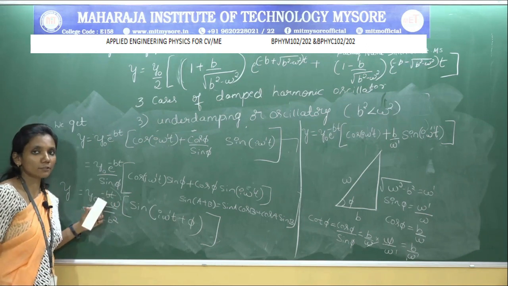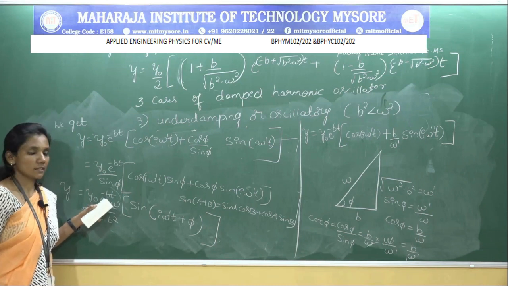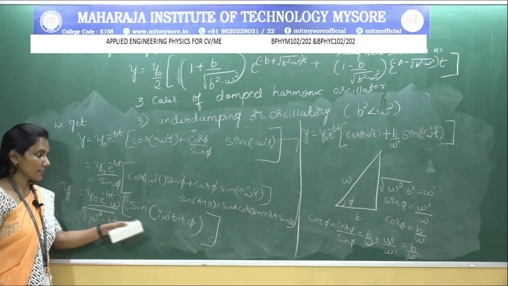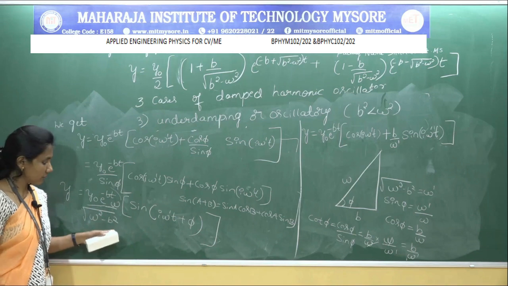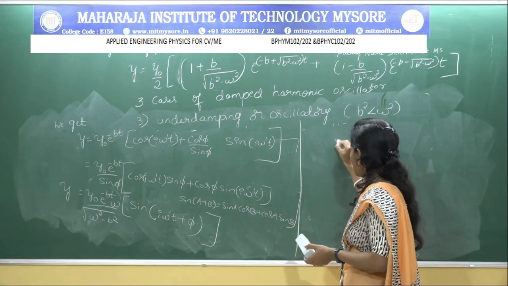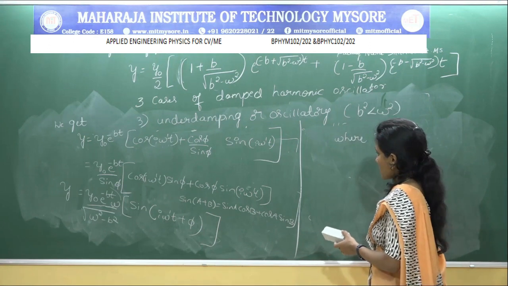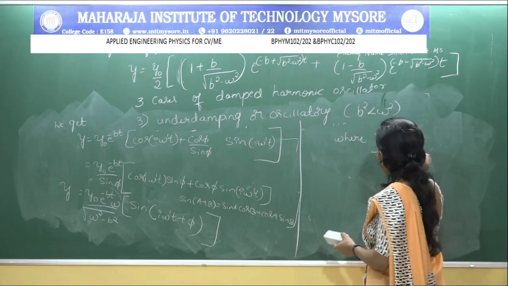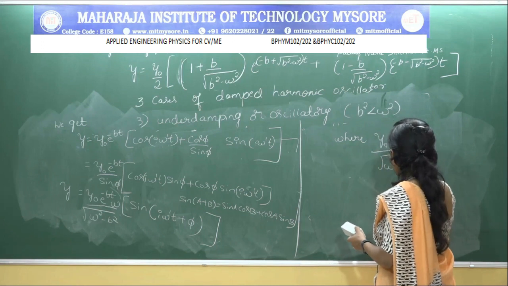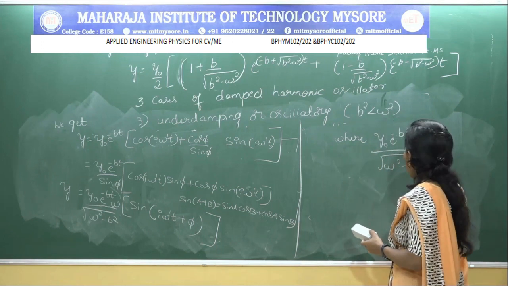Here also the amplitude goes on decreasing, exponentially decreasing. In terms of sine we got y naught e to the power of minus bt omega by root of omega square minus b square, that is the amplitude.